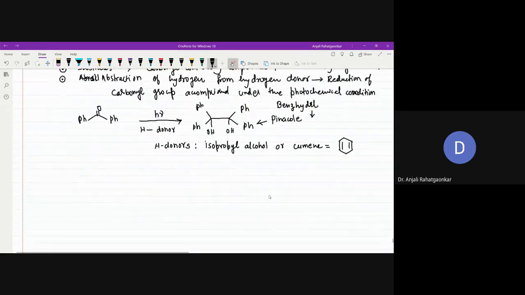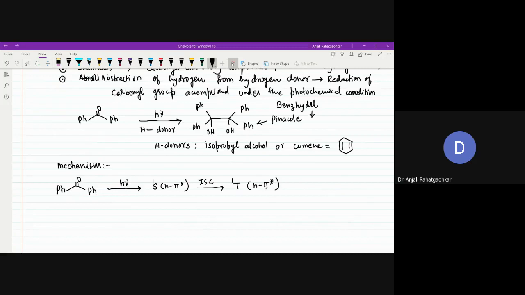So these are the various hydrogen donors we can use in the reaction. Now let us see the actual mechanism, how the reaction proceeds. I am taking this benzophenone as the first moiety. It undergoes h nu to the n-pi transition, then definitely it has ISC, which gives you the triplet n-pi state. I am writing the structure of the n-pi transition in a triplet state here.